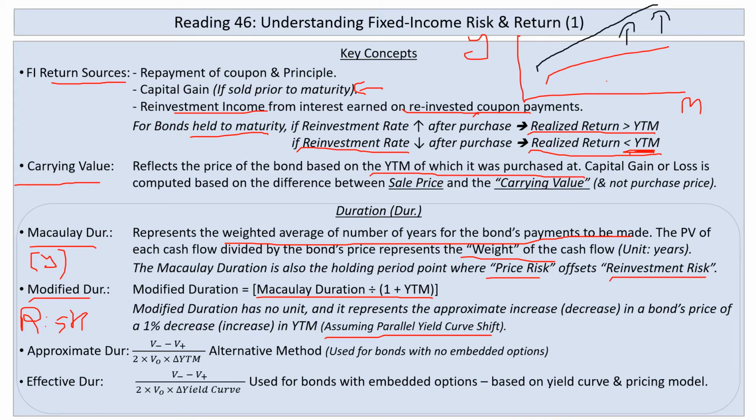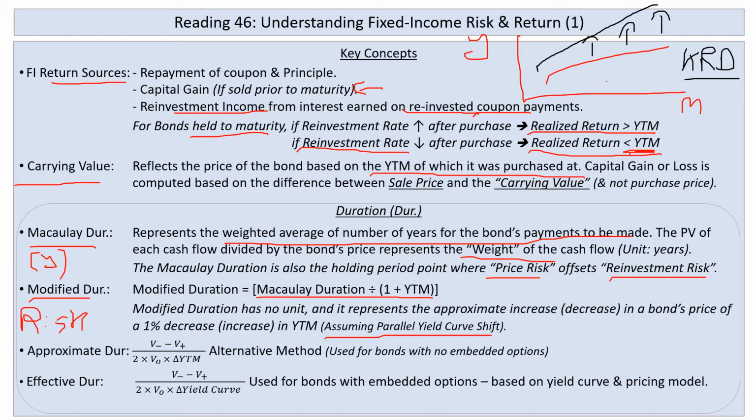This means that modified duration in such a yield curve scenario would not be accurate. What should be used when there is a non-parallel yield curve shift is the key rate duration. That key rate duration is the duration measure used in case of non-parallel yield curve shifts.